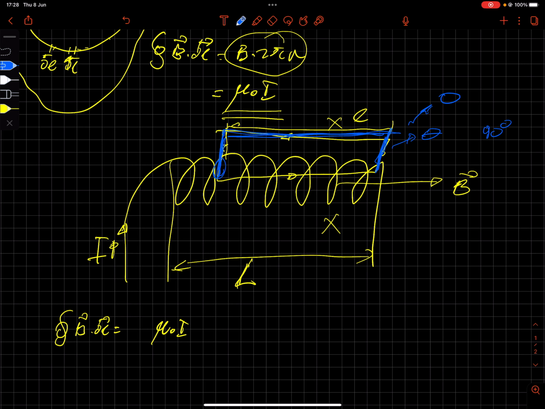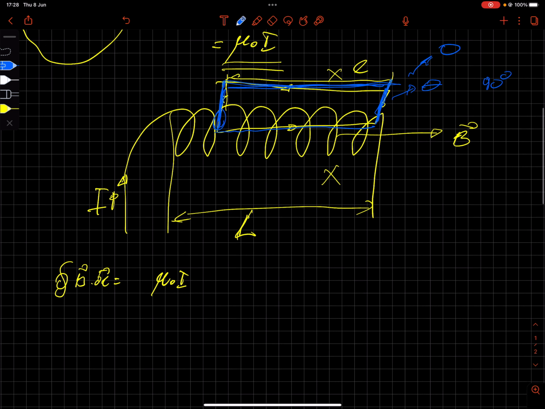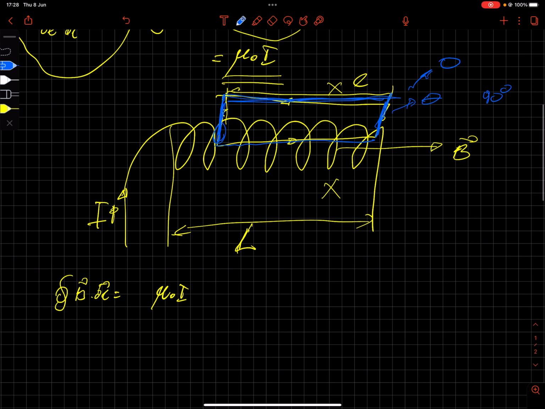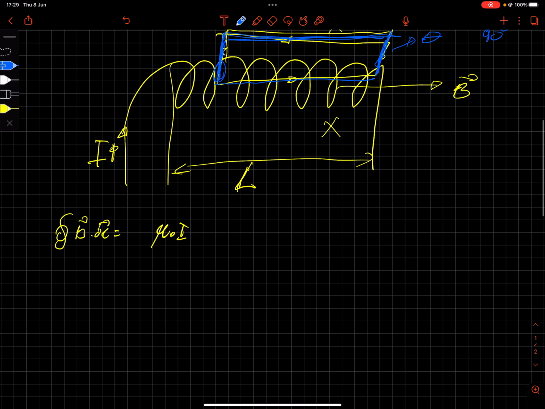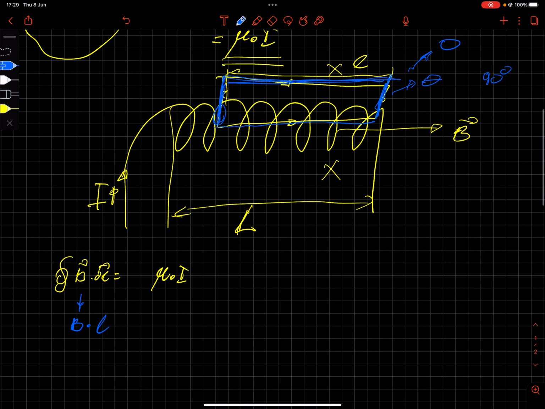So only one part of this path will contribute to the calculation, and it's this one here. The angle between the direction of this path and the magnetic field is 0, and this will be equal to magnetic field times this line, right?